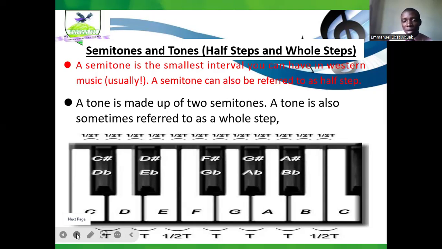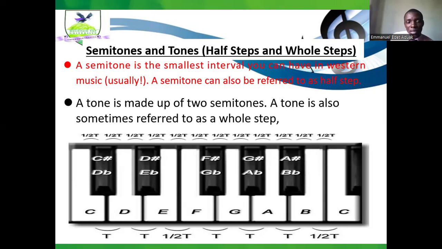When you look at the dummy keyboard you have on the screen, we have C and D. Between C and D, there is a black key, which is C sharp or D flat. Now, before we move from C to D, there are certain steps we have to take.